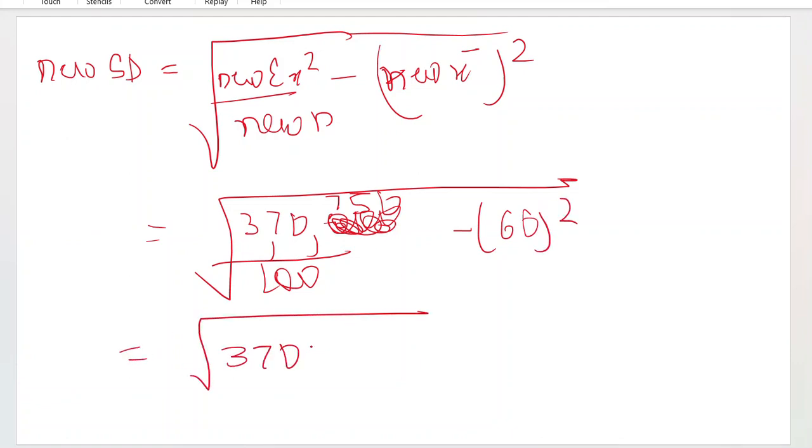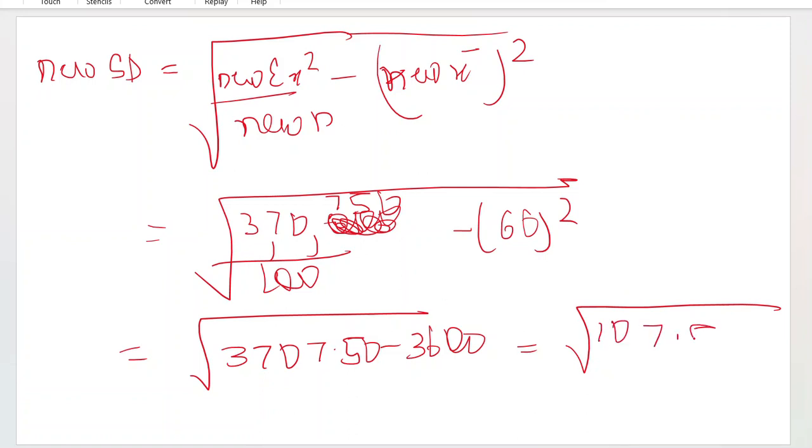So 3707.5 minus 3600 is 107.5, and root of this 107.5 is 10.36. This solves the problem.